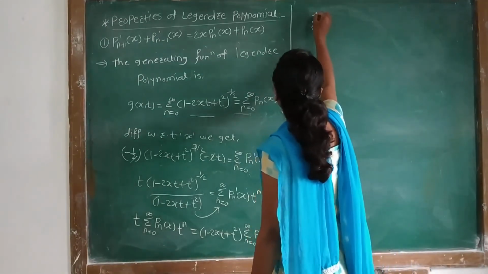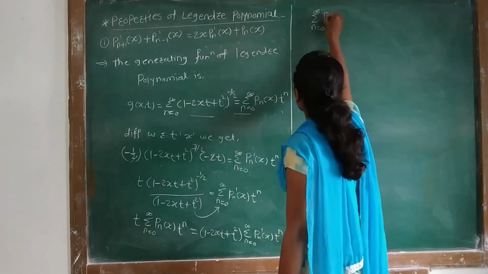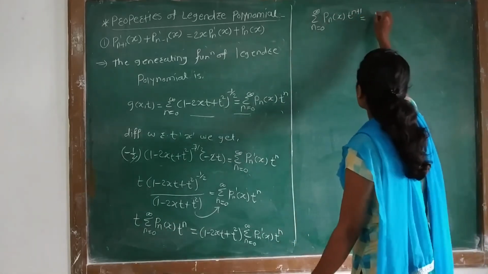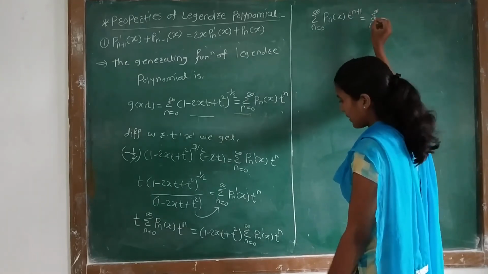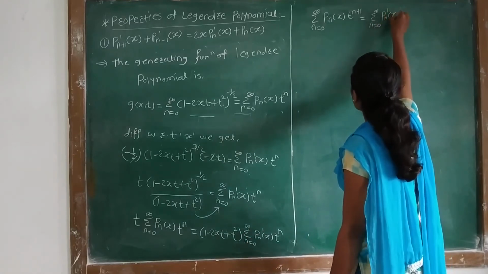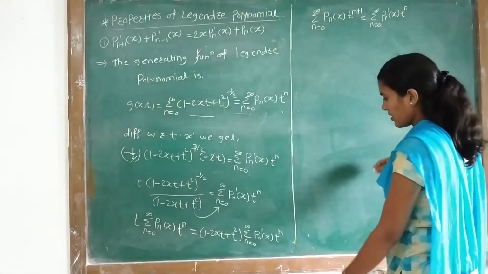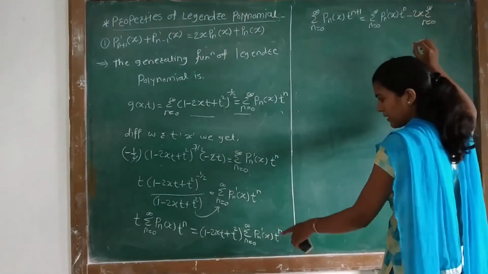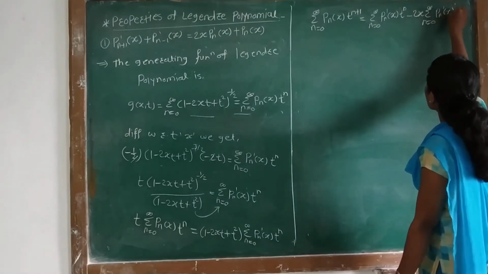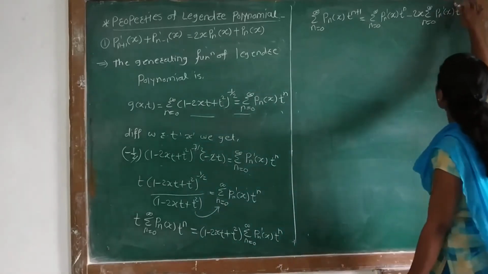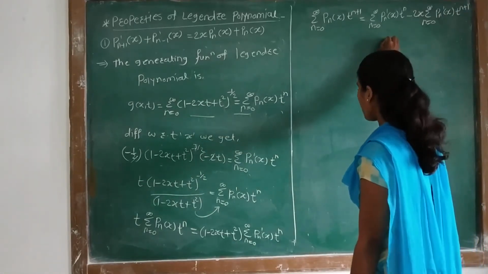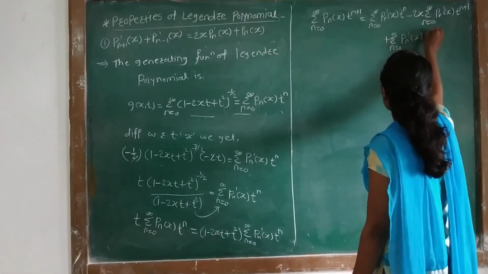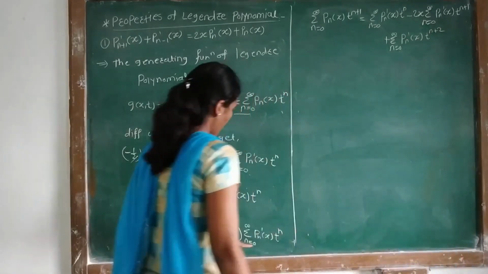Summation over n equal to 0 to infinity Pn of x into t raised to n plus 1 equal to summation over n equal to 0 to infinity Pn dash of x t raised to n minus 2x into summation over n equal to 0 to infinity Pn dash of x t raised to n plus 1 plus summation over n equal to 0 to infinity Pn dash of x t raised to n plus 2.